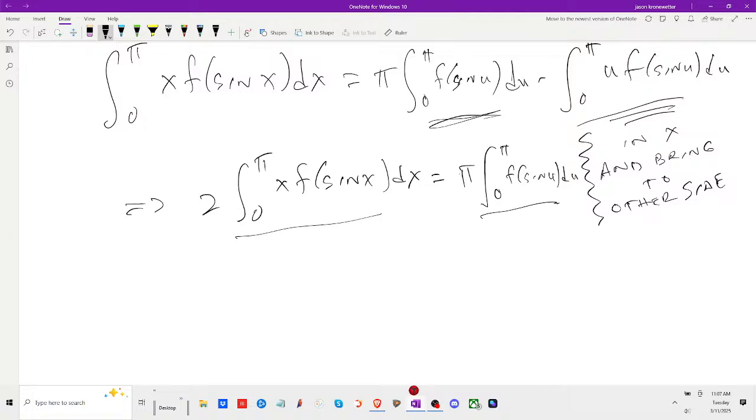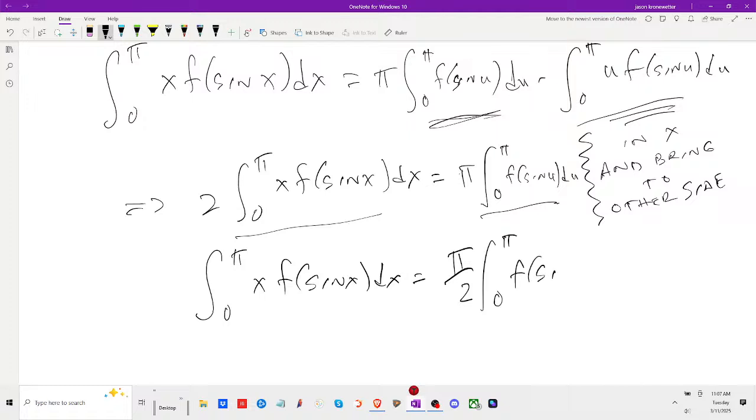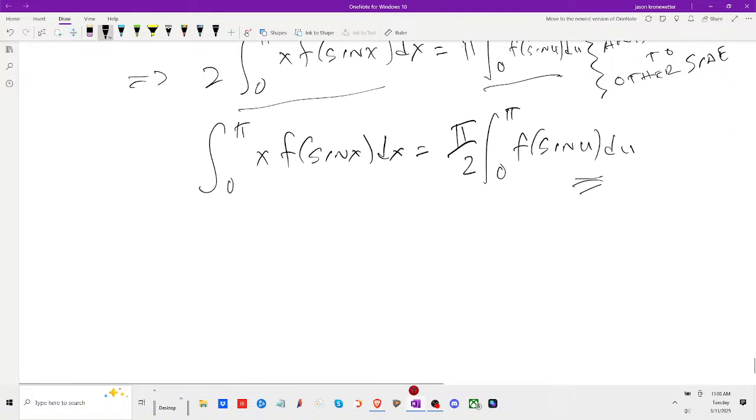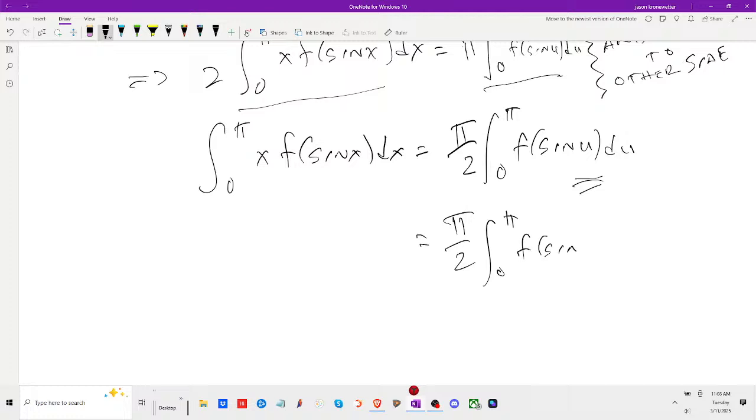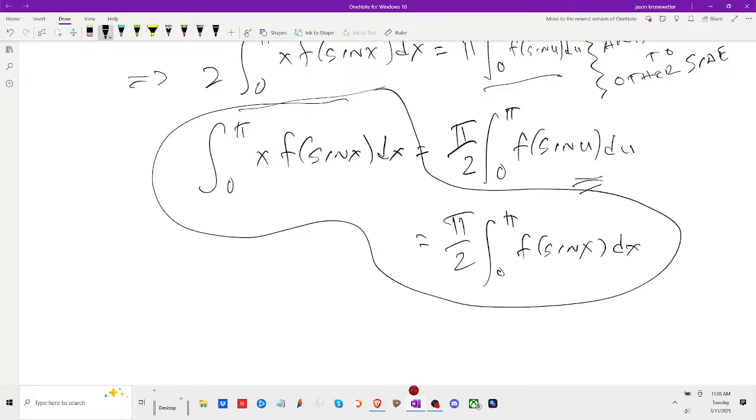So if I bring the 2 over, I have the integral from 0 to pi of x f of sine x dx is equal to pi over 2, dividing both sides by 2, times the integral from 0 to pi of f of sine u du, but then I can just think of this as x. So that's pi over 2 times the integral from 0 to pi of f of sine x dx. Okay, and we've done what we were asked to show.